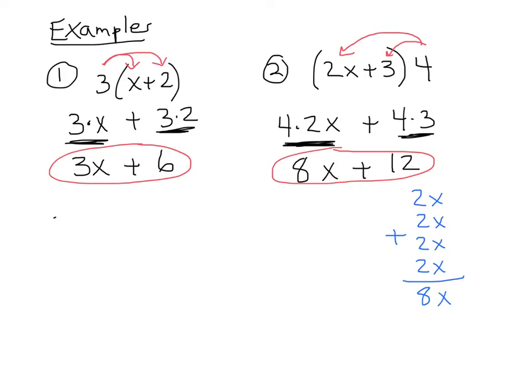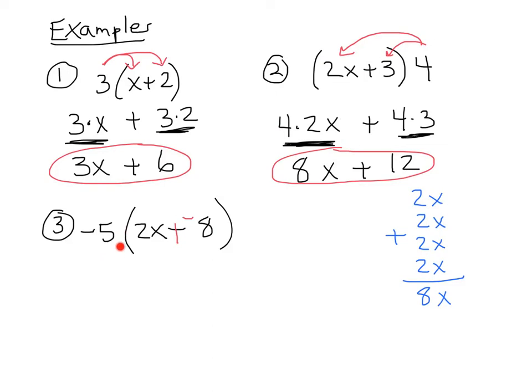All right, third example. Let's throw some negatives in there. Let's say I have negative 5 times the quantity of 2x minus 8. So you have to be careful with the negatives. First thing I'm going to do is look inside the parentheses. And that subtraction, I'm going to make a double sign change. So now I have the distributive property of multiplication.